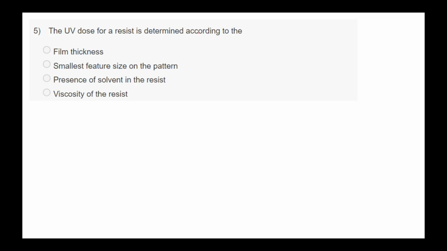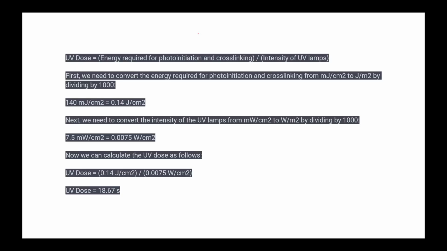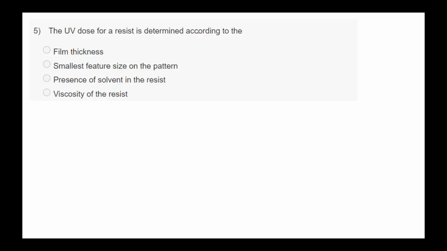The UV dose for a resist is determined according to the film thickness, the smallest feature size on the pattern, the presence of solvent in the resist, or the viscosity of it. So I think in this slide we have seen that whatever film thickness we want, if you want to expose your film to UV, then you require a UV dose, and that depends on the film thickness probably.